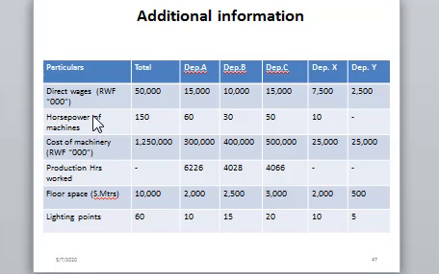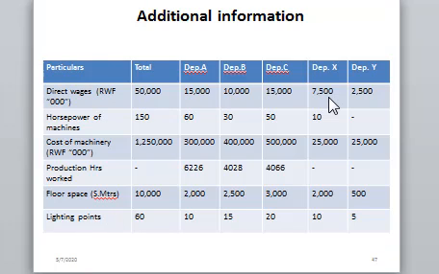And then horsepower of machine. Those you can use when you are absorbing. Cost of machinery, production hours worked, floor space. So these direct wages, they're okay.